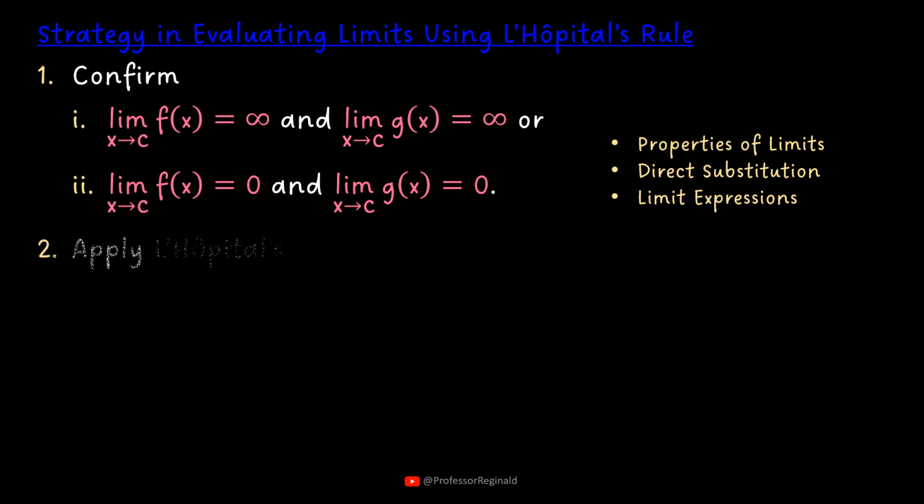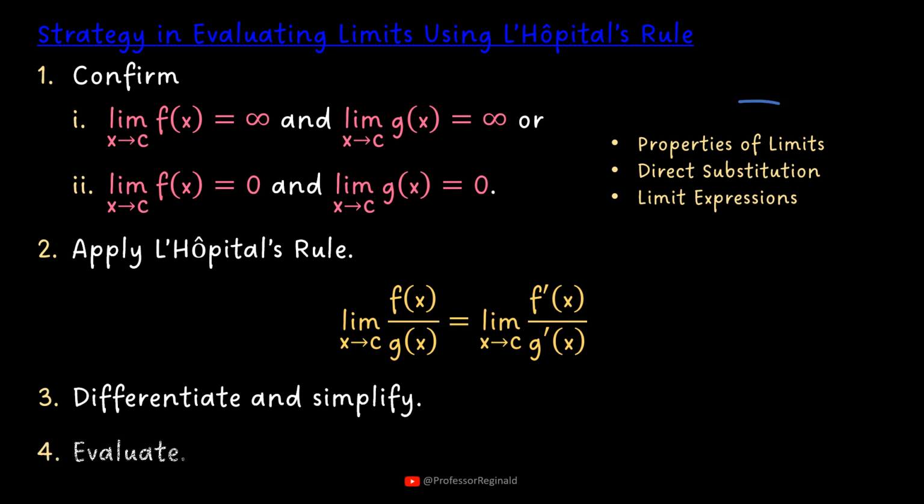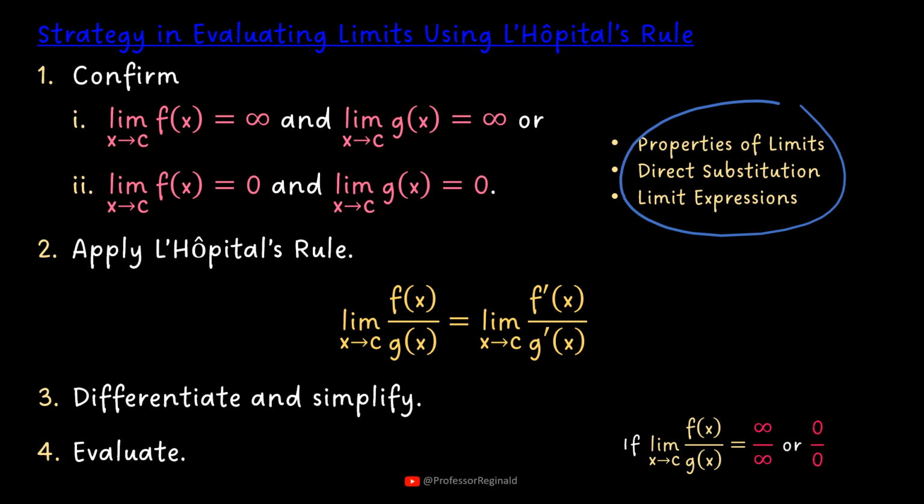Second, apply L'Hopital's rule. Third, differentiate and simplify. Fourth, evaluate the limit using properties of limits, direct substitution, and common limit expressions. If the limit still yields an indeterminate form, repeat the application of L'Hopital's rule in the next steps.